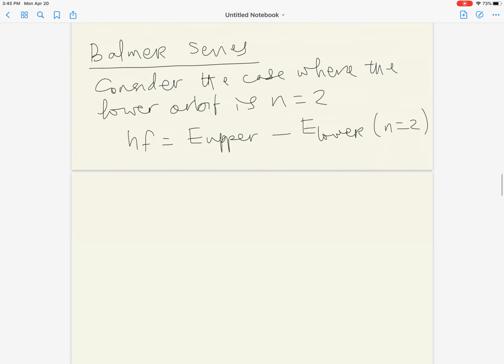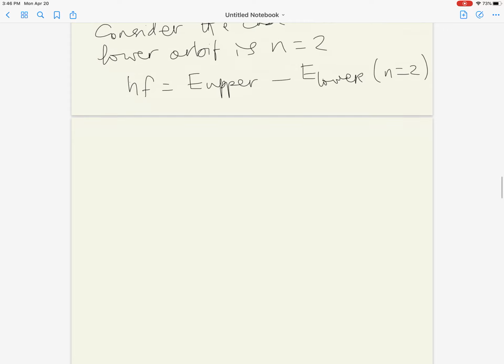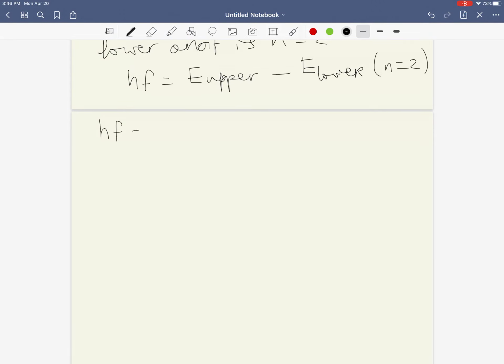Okay, so if we use the expression for the total energy that we have just found, then we can write hf, which by the way, you recall can be written as hc over lambda, is then minus 13.6 eV over n squared minus, we got to be careful, this minus sign here is this minus sign here, but there is another minus sign which belongs to 13.6, so this is minus 13.6, and because we are writing this for the case n equal to 2, this will then become 2 squared.